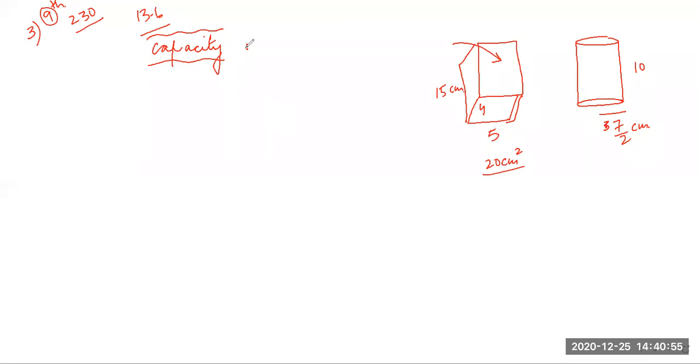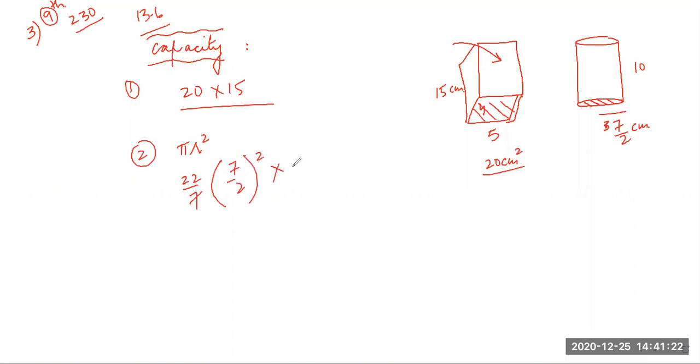So obviously you will buy that one where capacity is more. Okay, fine. So simply, students, how will you apply this? Find out the volume. Volume is base area into height. In the first case, base area is 20 into height 15. In the second case, base area is pi r square, meaning 22 by 7 into 7 by 2 whole square, pi r square into h.